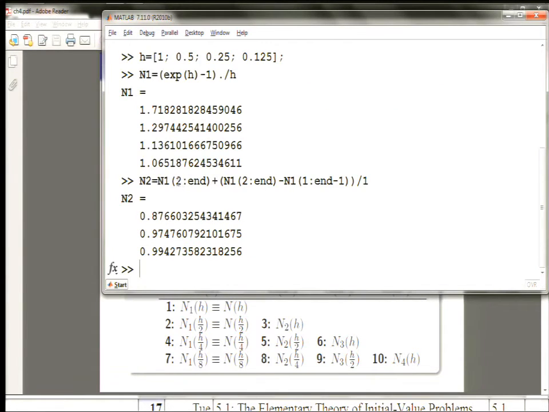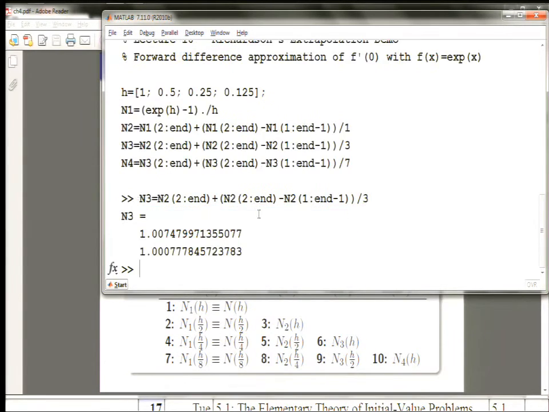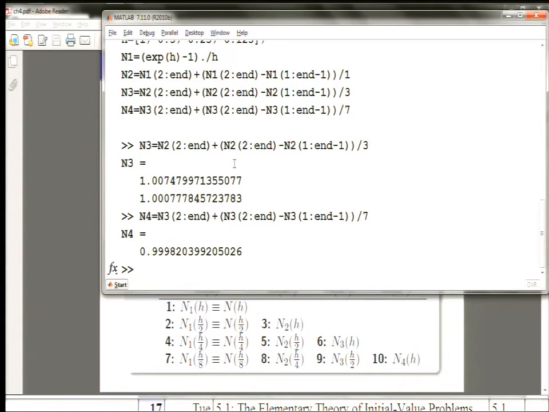You just have to think about my 2:n and 1:n minus 1. You have one set that is more accurate and another set that is less accurate, and you divide by 1. You can keep going and do the next sweep, which improves those. And finally, you're getting really accurate. Not as accurate as my example, because I set h to 0.1 to start with, but this is really accurate.